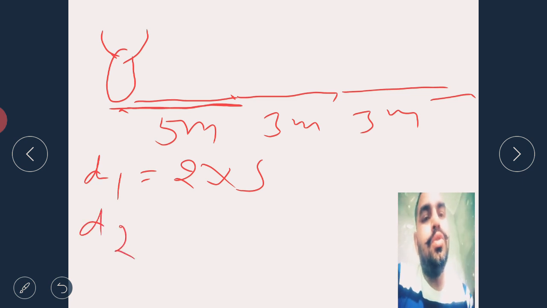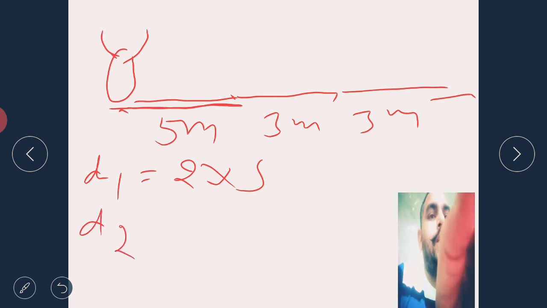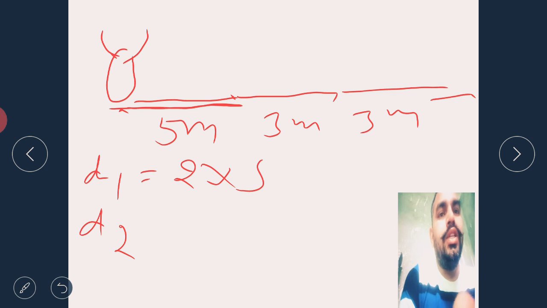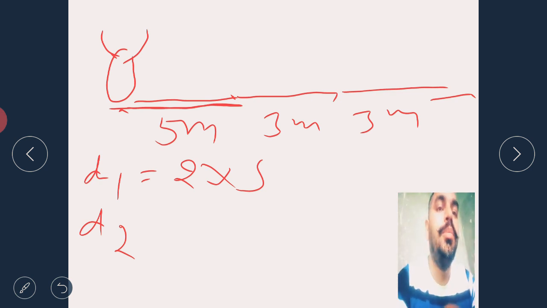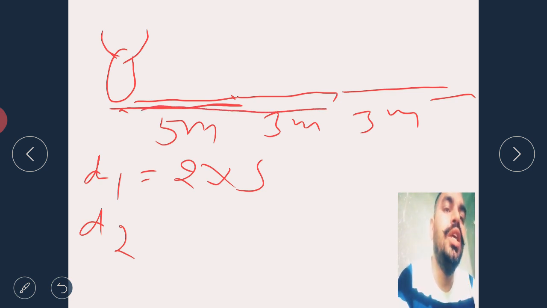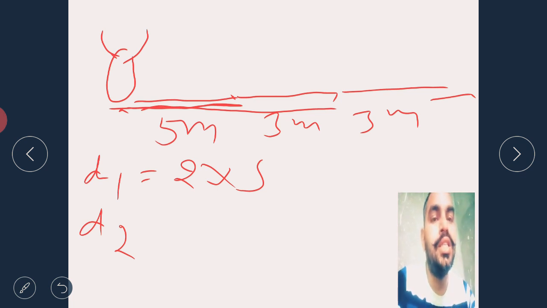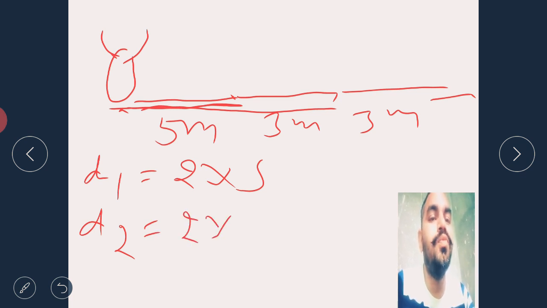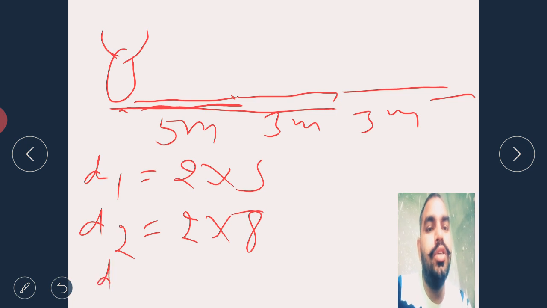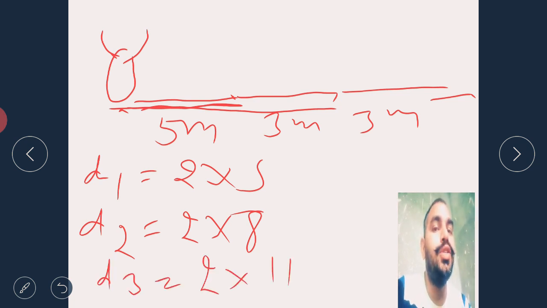d2 what is d2? वापस यहाँ आई, पोटैटो डाला, फिर से वापस रन किया, देन क्या होगा? लेट्स सी, 5 ये और 3 ये, इट मीन्स 5 plus 3 8. One side distance is 8 and the double side is 16, so you can write 2 into 8. And third d3 is equal to what? 2 into 11 and so on.